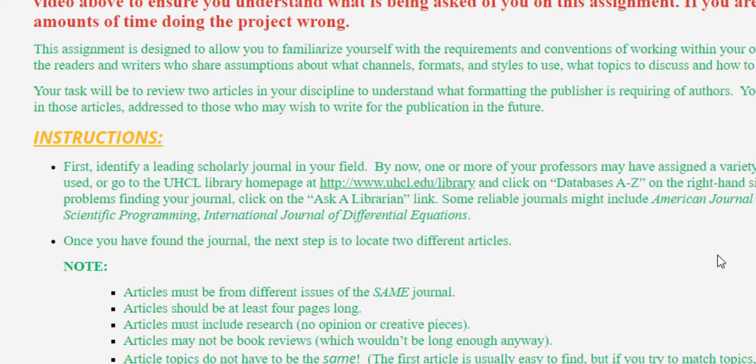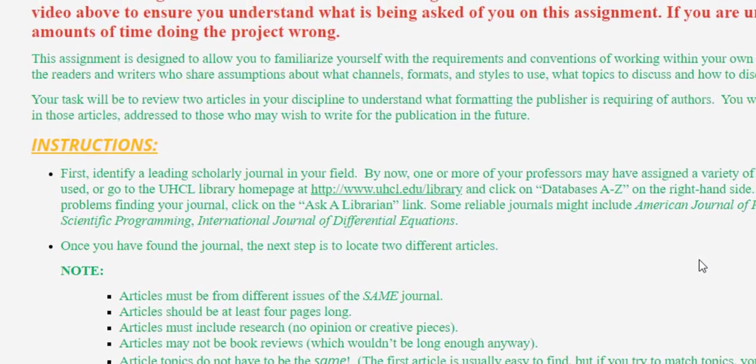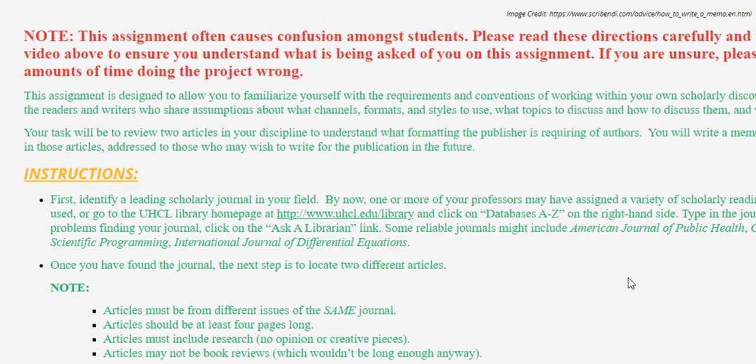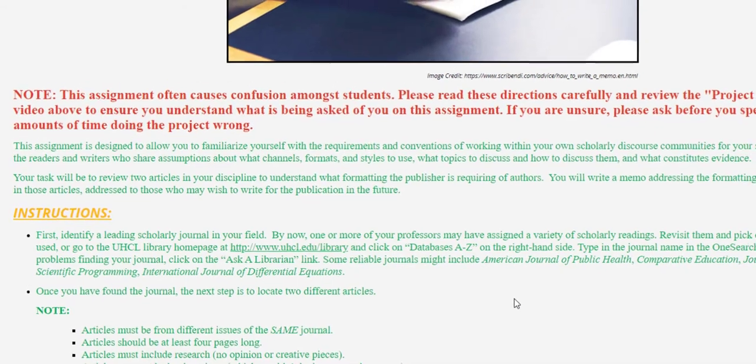So really this is sort of 2 assignments in one. One is to research and find out what the formatting is. The other is to create a memo that you have to format like a memo, not like an essay, not like a submission to the magazine or the journal rather, but like a memo, which is the second part and what we're doing for technical writing.